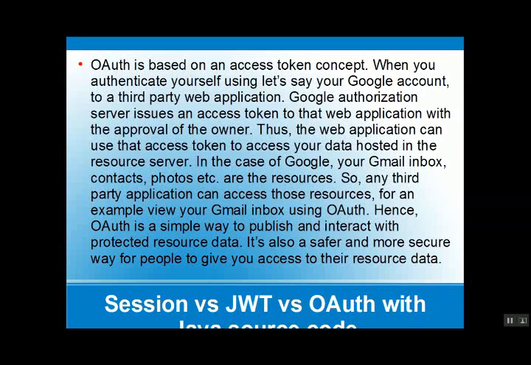In the case of Google, your Gmail inbox, contacts or photos are the resources. So the third-party application can access those resources, for example view your Gmail inbox, using OAuth. Hence, OAuth is a simple way to publish and interact with protected resource data.